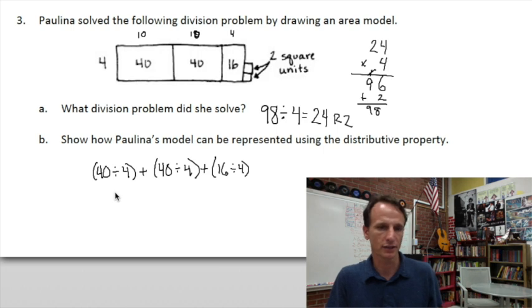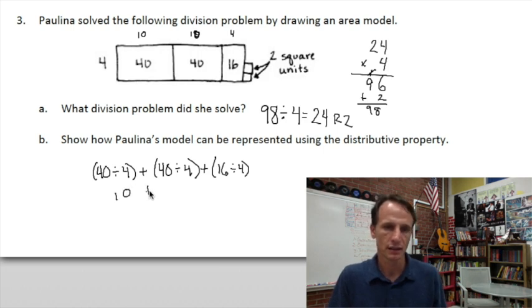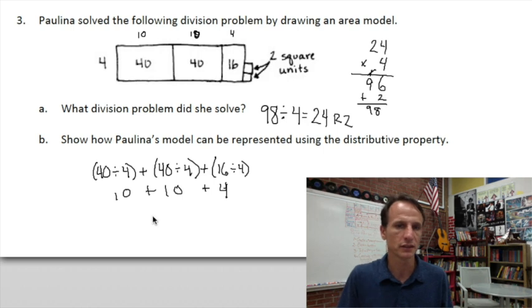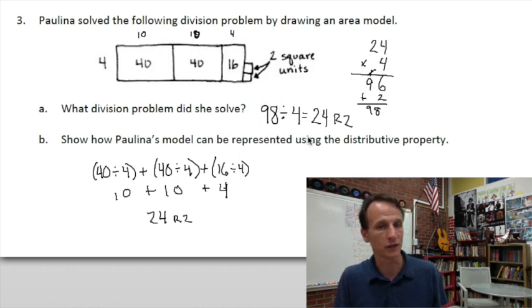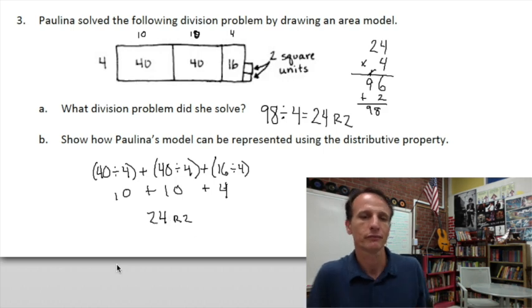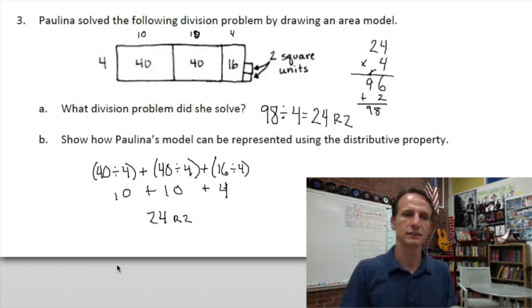Okay, and that gave us 10 and 10 and 4. We already did this division up there, which was, you got it, 24. And I just want to notate here that we had a remainder of 2 because we were solving 98 divided by 4. All right, looking good there.